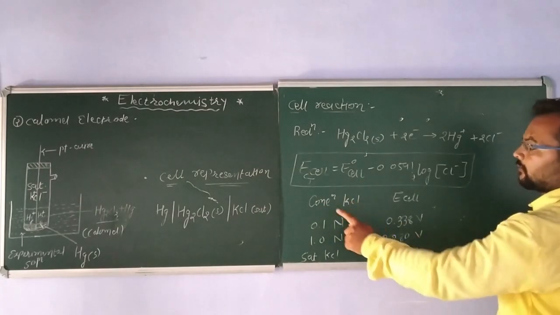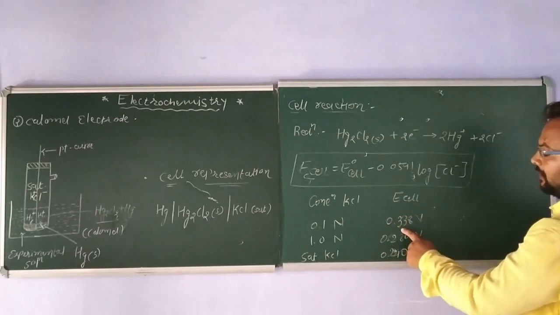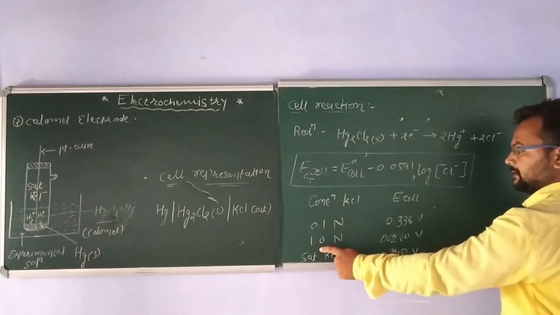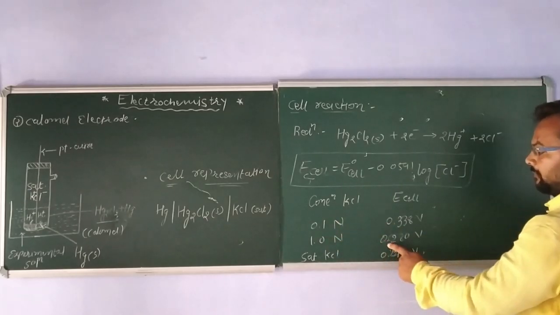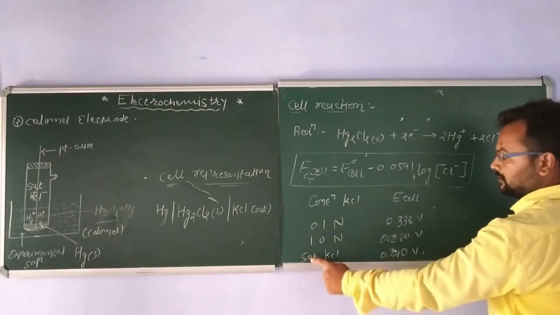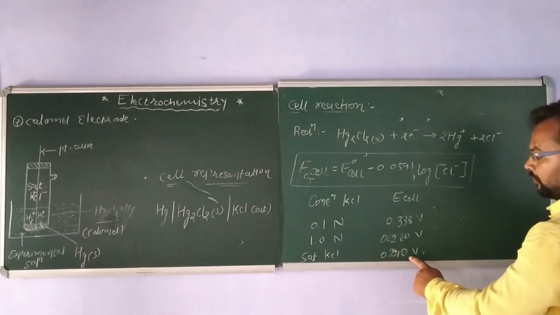For example, if the concentration is 0.1 normal, the EMF of the Calomel electrode is 0.338 volt. If the concentration is 1 normal, the EMF is 0.280 volt. And if the solution is saturated KCl, the EMF is 0.240 volt.